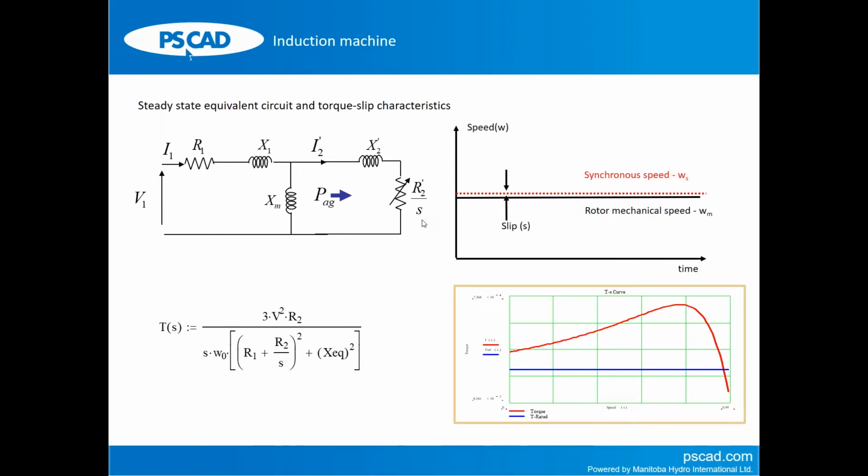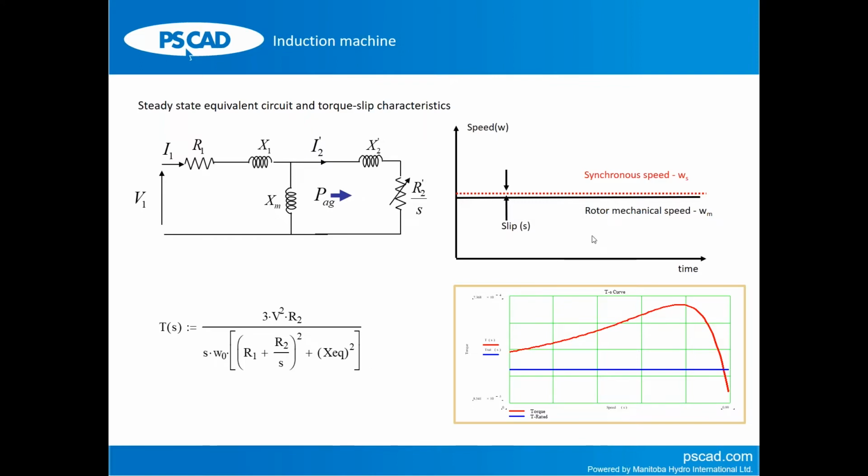S is the slip. Unlike the synchronous machine, induction machines always operate with a slip. The speed of the machine is slightly different, either lower or higher, below or above the so-called synchronous speed. We don't want to go into details in this discussion, but synchronous speed is the rotational speed of the resultant magnetic flux.